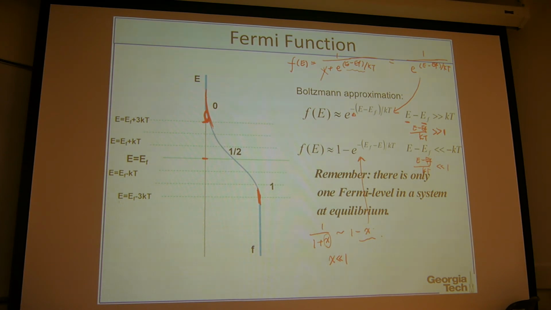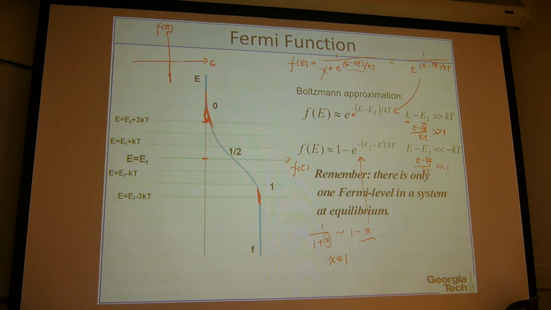Or we can think this way, if we want to look at this tail. If you want to compare the Fermi function versus the Boltzmann function, what's the key difference? Let's draw the exponential function. Let's rotate this by 90 degrees, because this is F and this is E. So if we rotate 90 degrees, we have this. And then the Boltzmann function is an exponential function here.